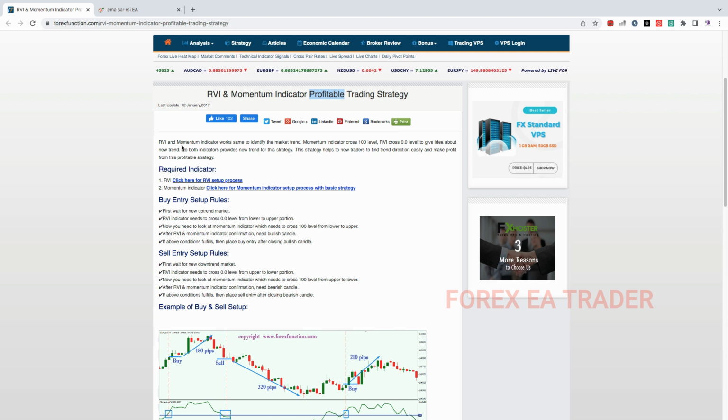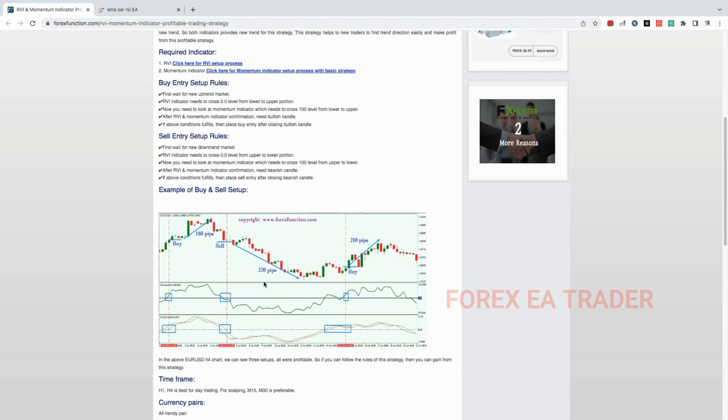So the RVI and momentum indicator work together to identify the market trend. Okay, momentum indicator crosses the 100 level, RVI crosses the 0 level to give an idea about a new trend. Okay, let's just open this in a new tab.